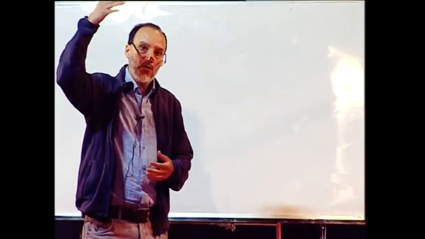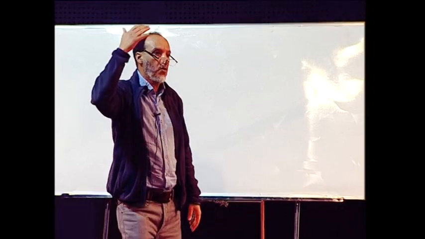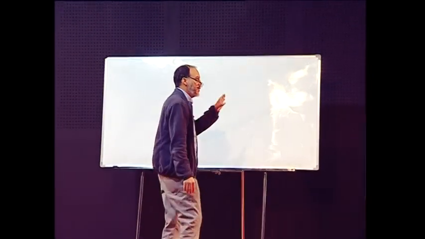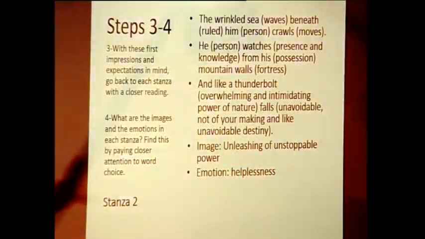Mountain walls. When we mention walls, this means that this eagle has a fortress actually. It's a castle, okay? It's a military base from where this eagle can launch, let's say, attacks. And like a thunderbolt.